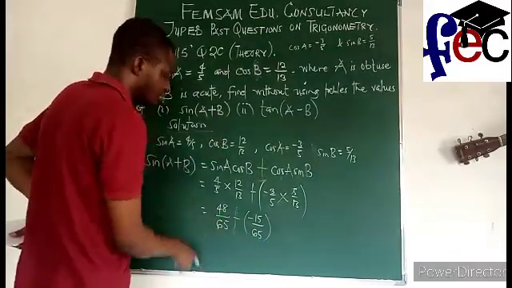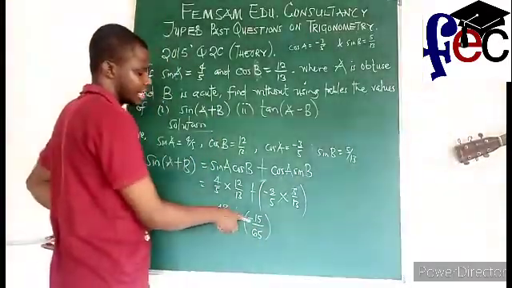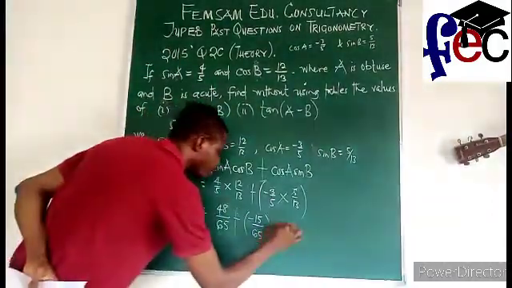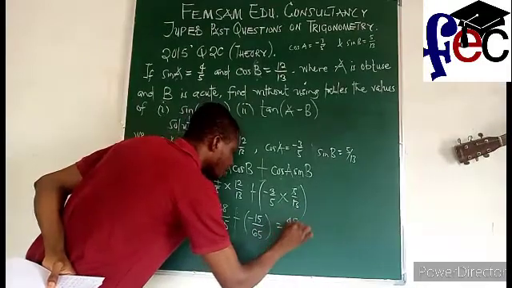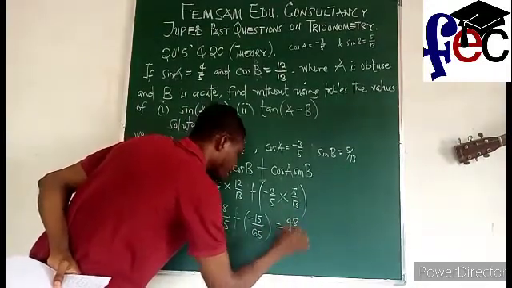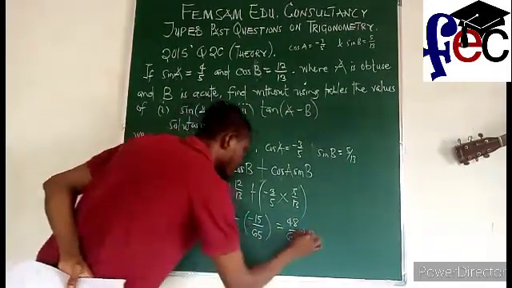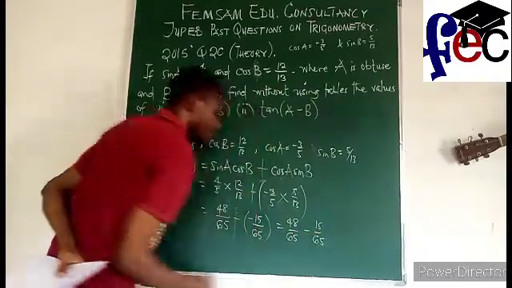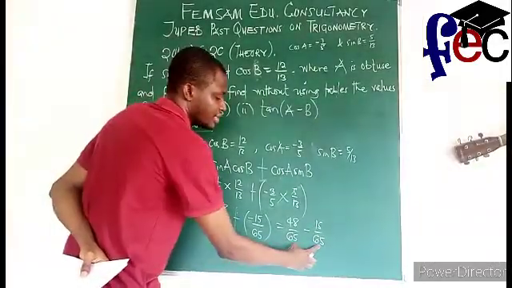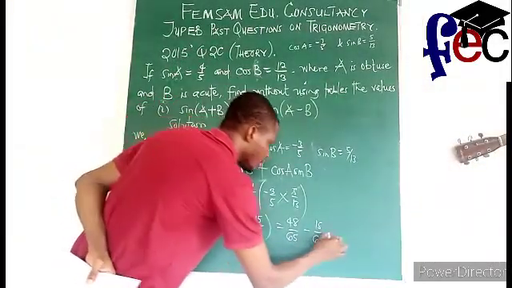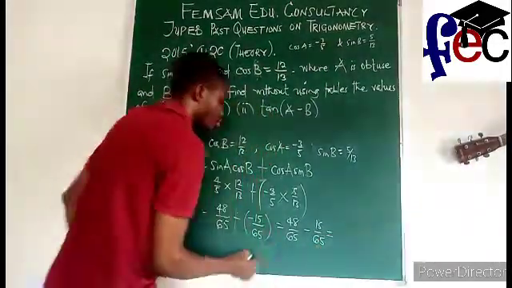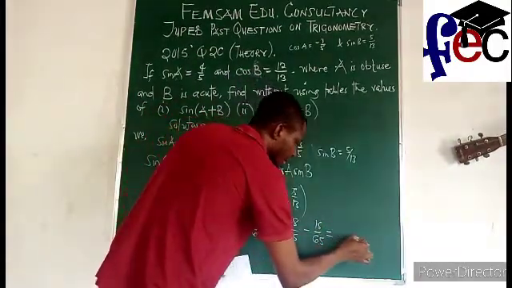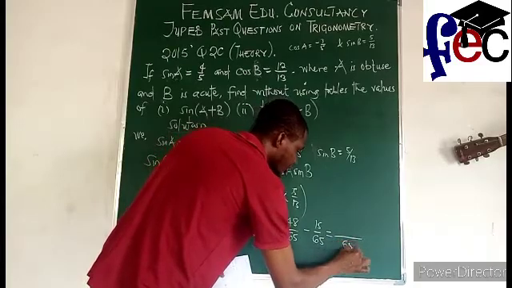Now this plus sign can multiply this minus sign, so that I will have 48 over 65, plus times minus now will be minus 15 over 65. So do you notice that the denominators are the same? It will make it easier for me to subtract the numerators directly, because they all have common denominator of 65.